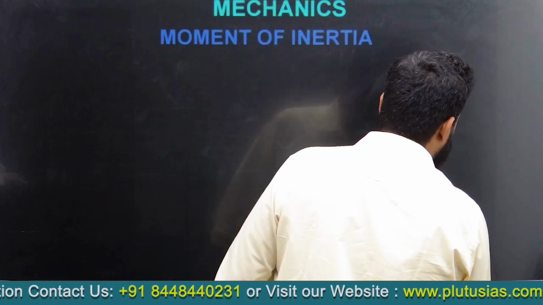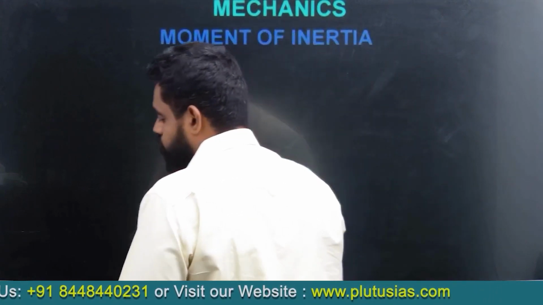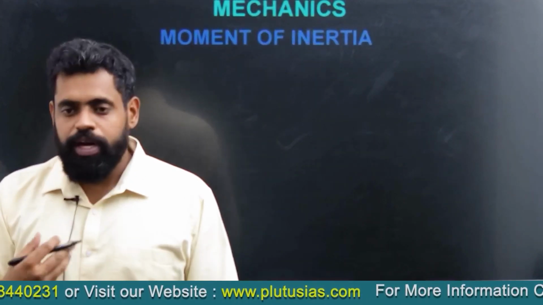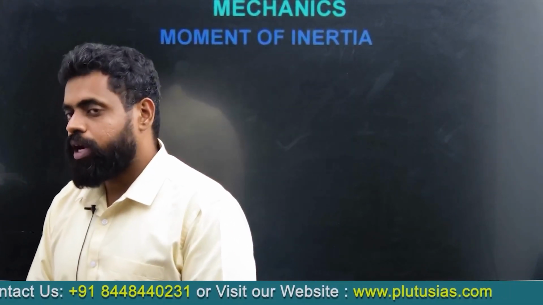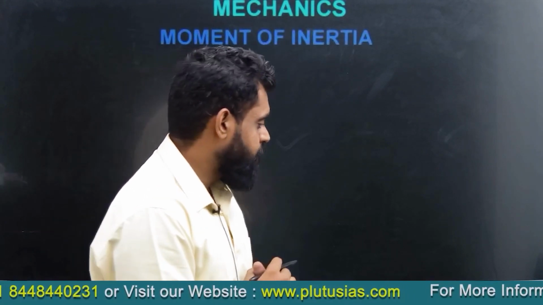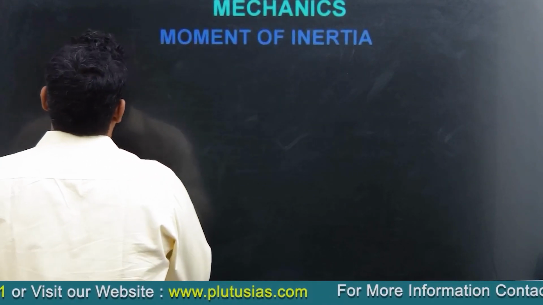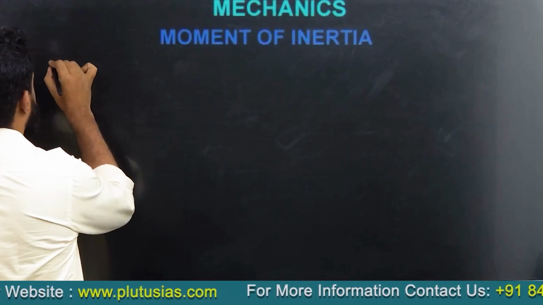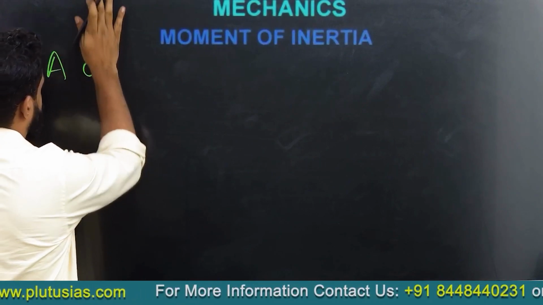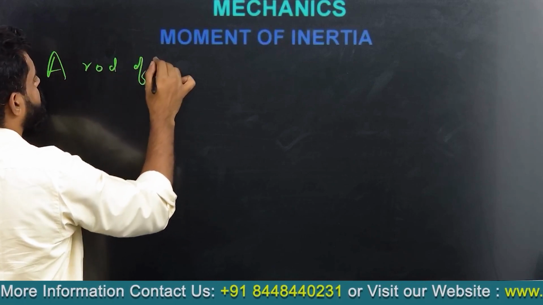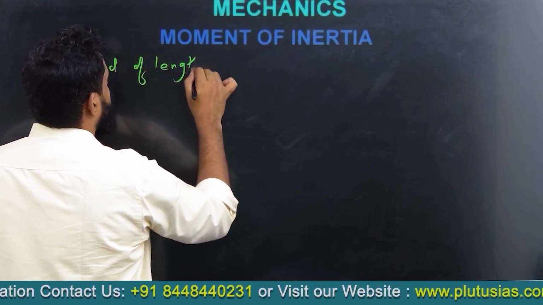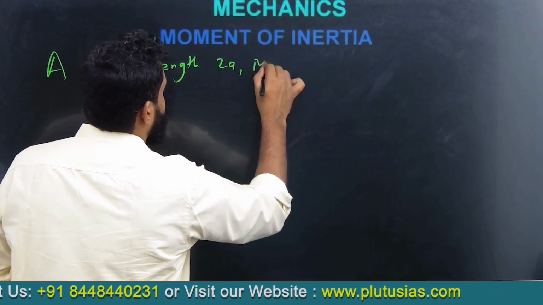So what do we do next? We first try to learn to calculate the moment of inertia of some simple bodies, so that we have a clear understanding. First we consider a rod of length 2a and mass m.